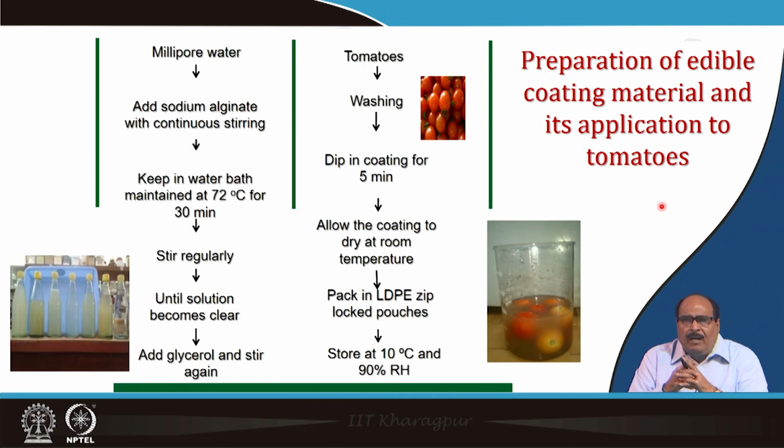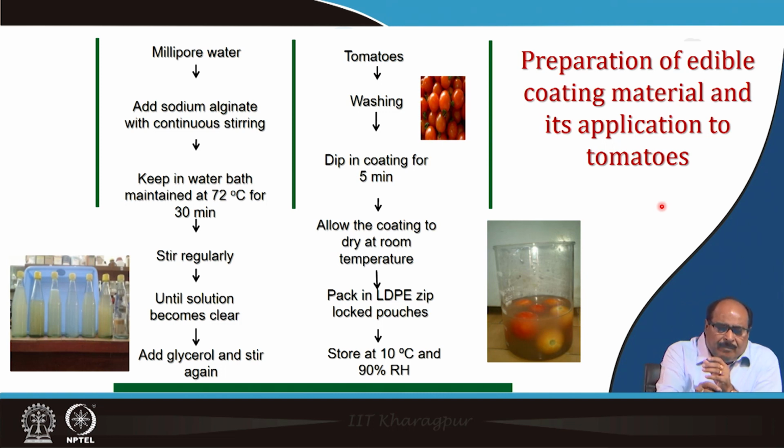So, preparation of edible coating material and its application on tomato, I will take as a case study. Here millipore water is used, and sodium alginate is added with continuous stirring, and then the water bath is maintained at 72 degrees Celsius for 30 minutes.